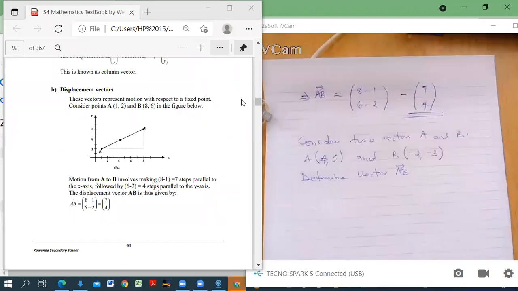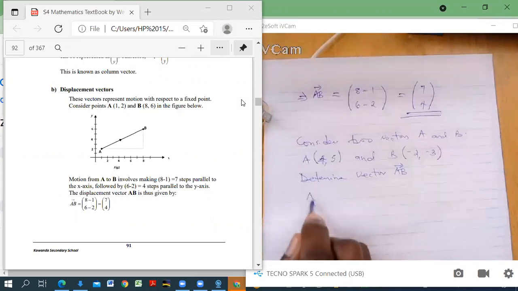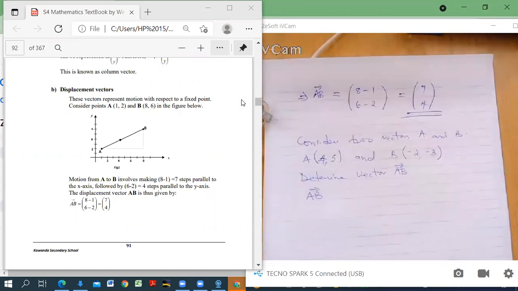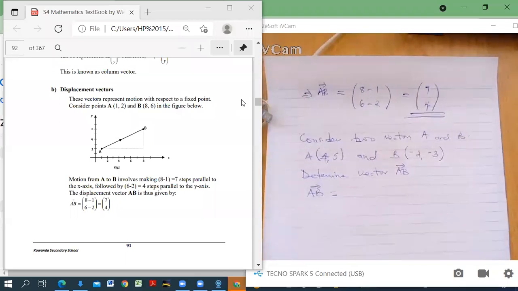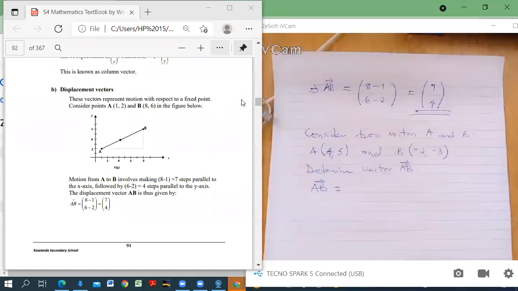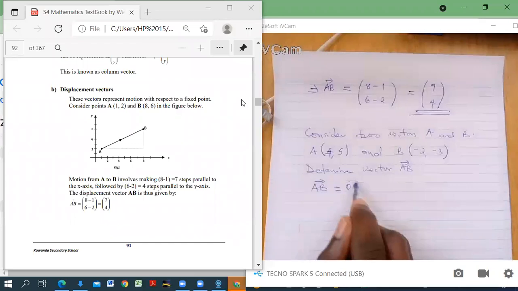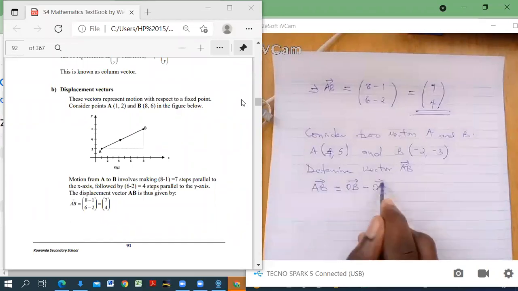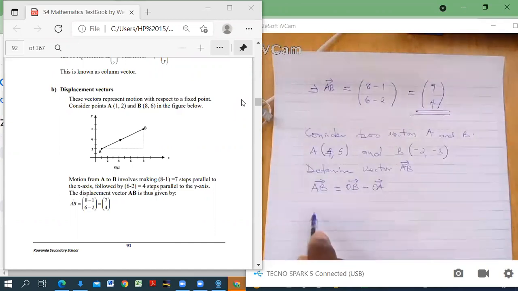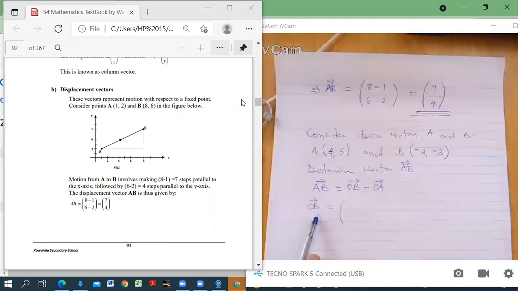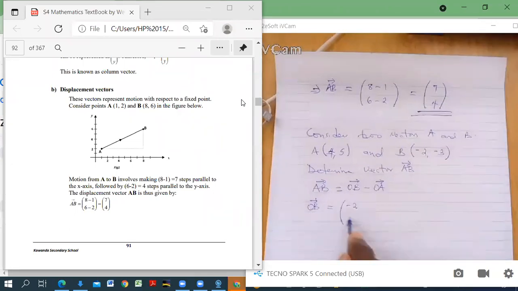Let's work it out. So our AB is already a displacement vector, okay? AB will be equal to, let's just use the formula now, OB minus OA. So what is OB? In this case, you have to write it in column form. So it's -2, -3.